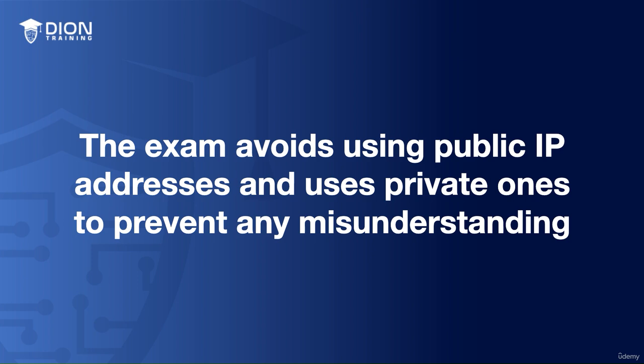Also, when you're dealing with an exam, many times they don't want to use any public IP addresses because they don't want anybody saying that we are calling them malicious because we happen to use their IP address on the exam. So a lot of times they'll use things like a 10 dot something, a 172 dot something, or a 192 dot something, because those are all considered private IP addresses, but they'll still use those as public IP addresses in the exam for those purposes. So in the logs, if you see that, don't worry too much about that and just think about the fact that we're going from one system to another.